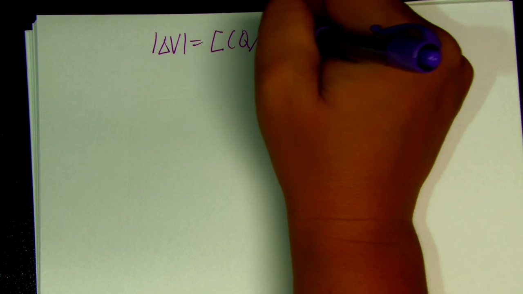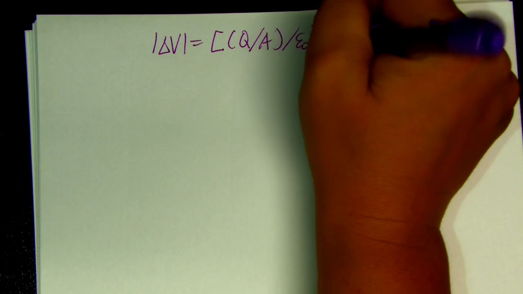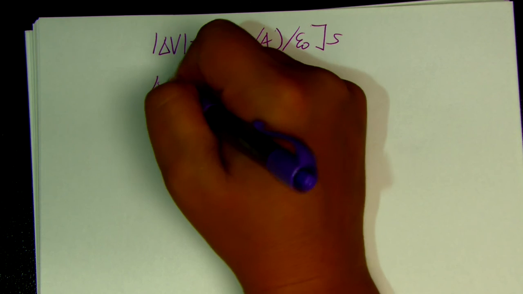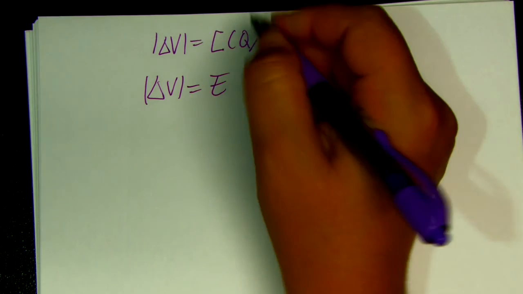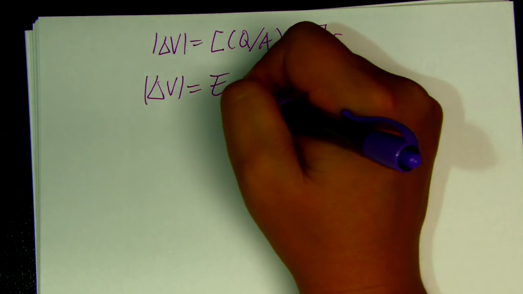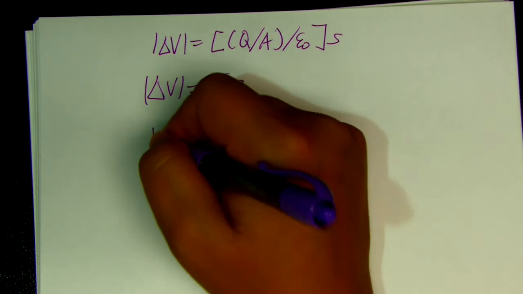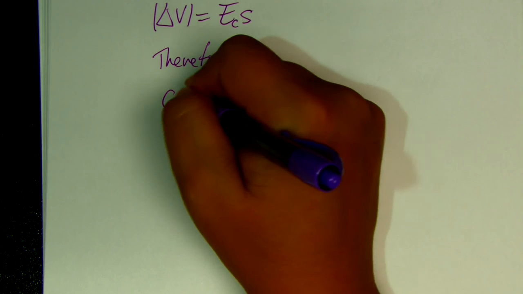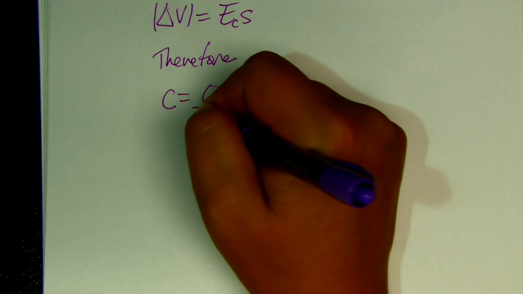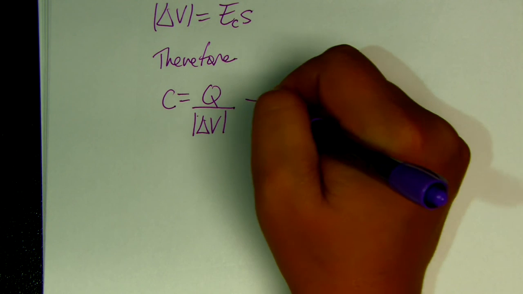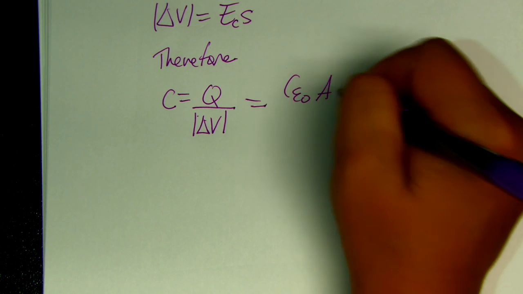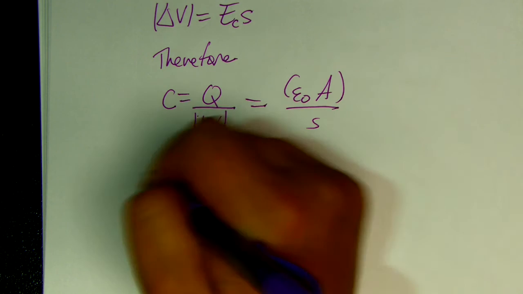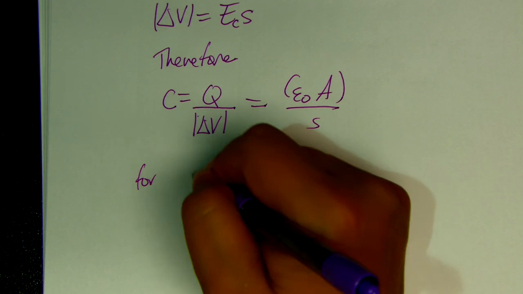So we've got the delta V is equal to Q over A epsilon naught times S, and we're going to use that delta V is also equal to Q over C. Therefore, C is equal to Q over delta V, which is equal to epsilon naught times A over S for a parallel plate capacitor.